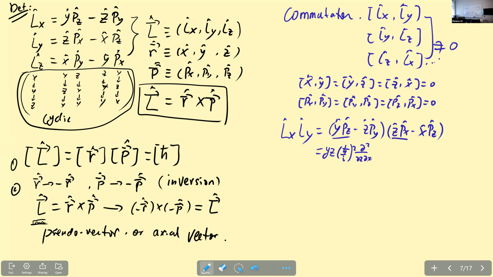That's the first term, right? And then this and this term will also be very simple: it's xy h bar over i squared, partial z squared. And how about this term and this term? So this will be minus z squared, partial x partial y.